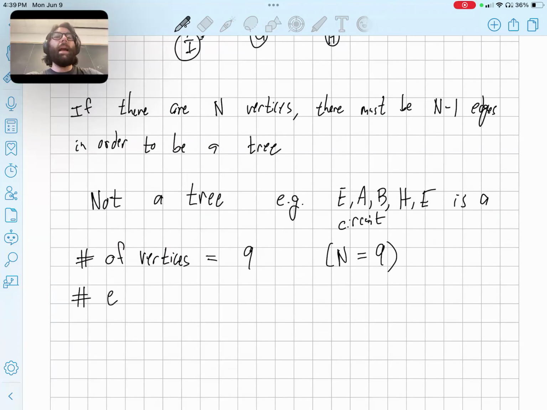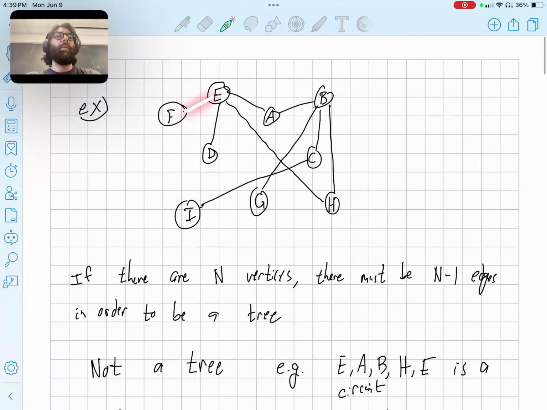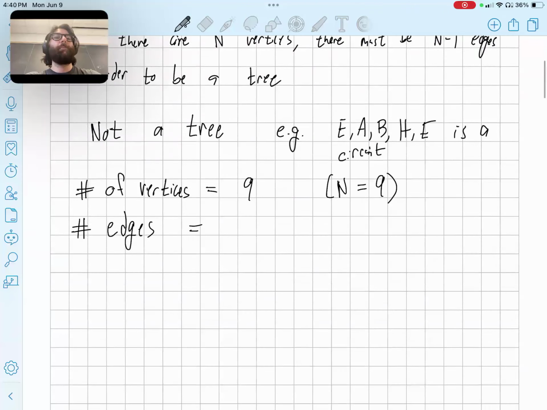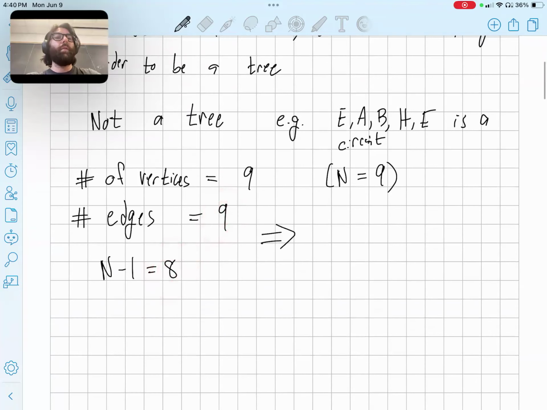So we need exactly 8 edges, or we're not going to be a tree. So how many edges do we have? 1, 2, 3, 4, 5, 6, 7, 8, 9 edges. So we don't have 8, and n minus 1 is 8. These are not the same number, and that means we are not a tree.